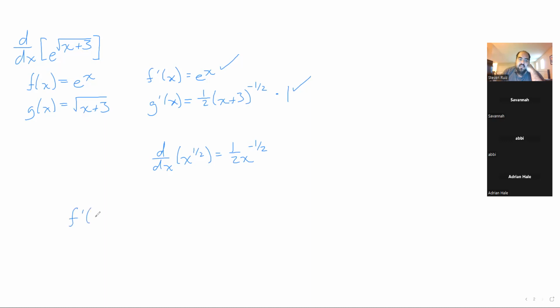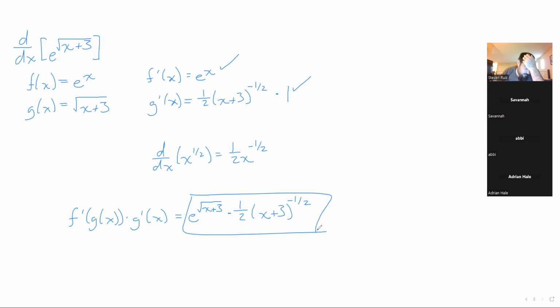So f prime of g of x times g prime of x is equal to e to the radical x plus 3, because the exponential function will always be included, multiplied by 1/2 times x plus 3 to the negative 1/2. Does that make sense, Savannah?